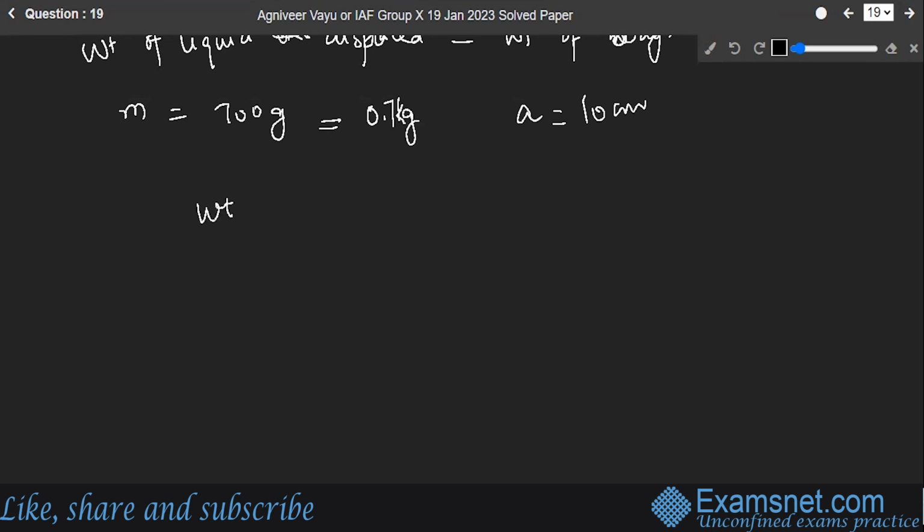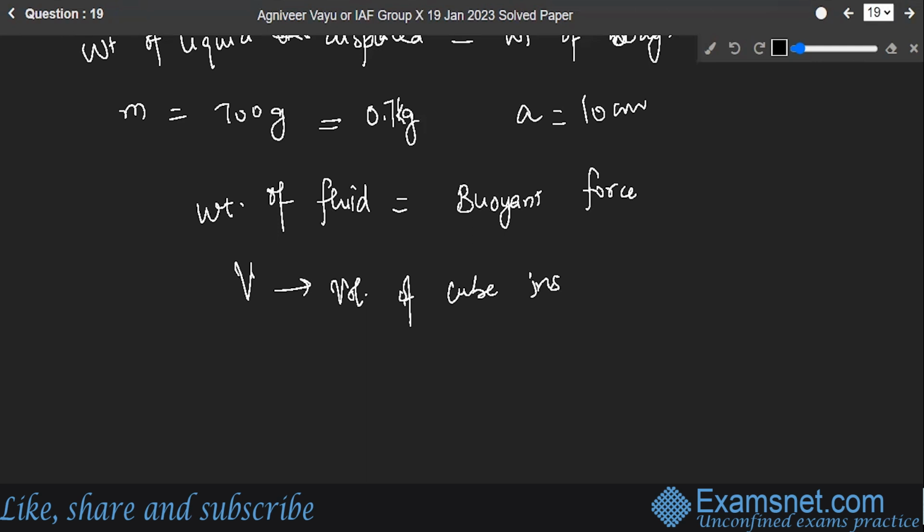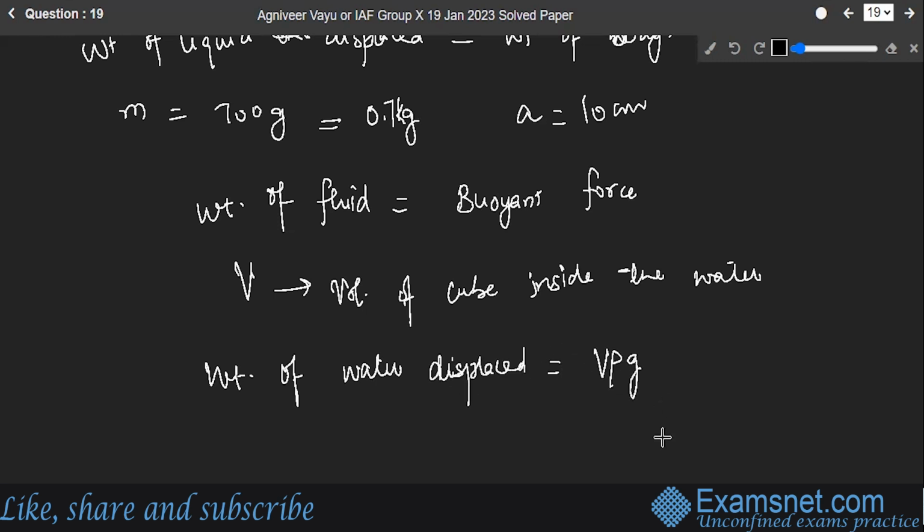So that means because it is floating, weight of fluid is equal to buoyant force, which is nothing but the weight of the water displaced. V is the volume of the cube inside the water. Then the weight of the water displaced will be given by this, right?